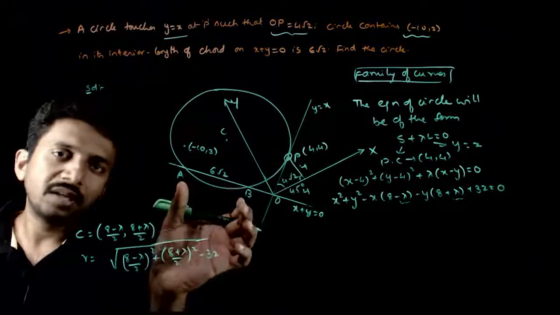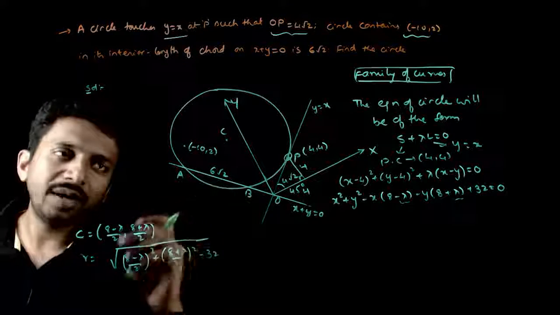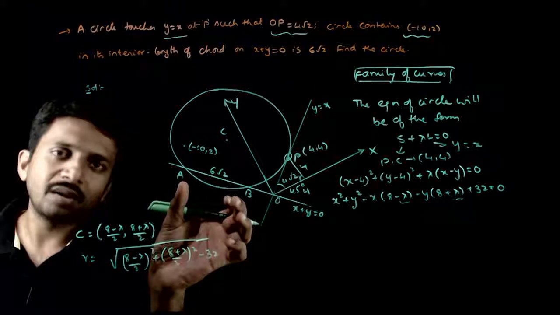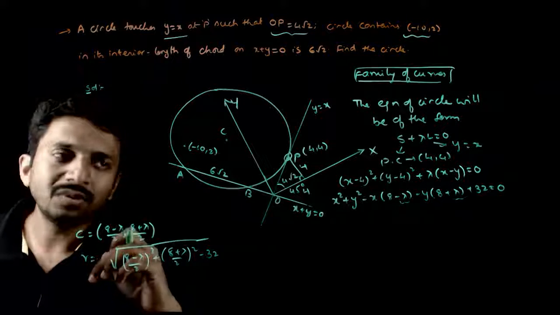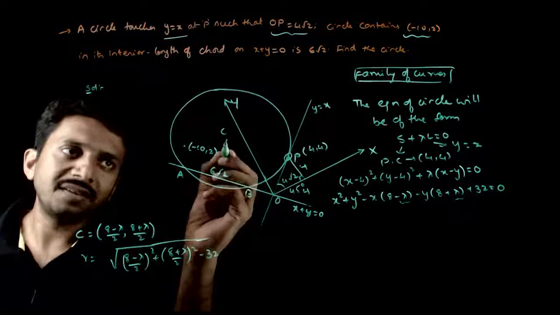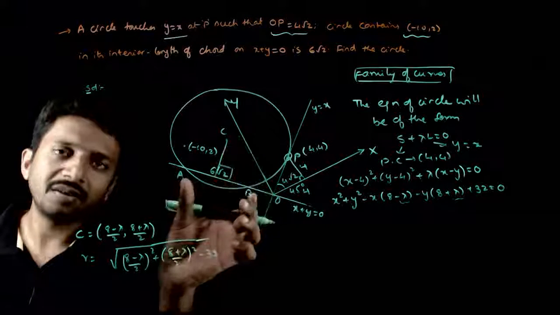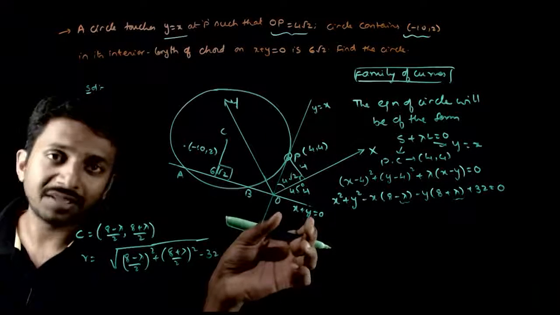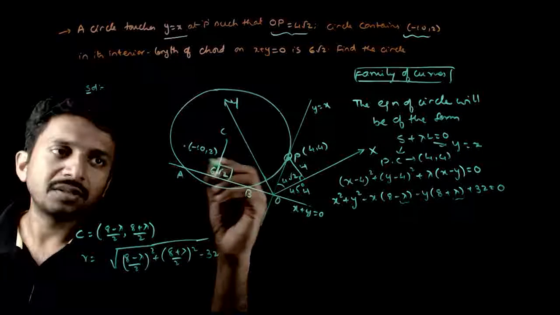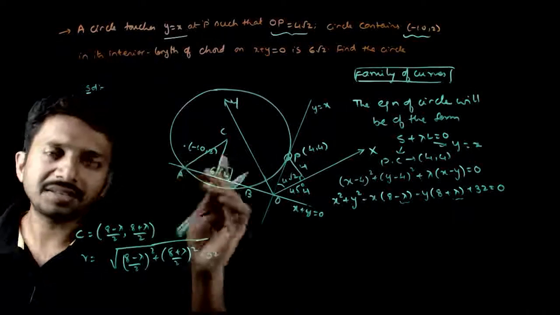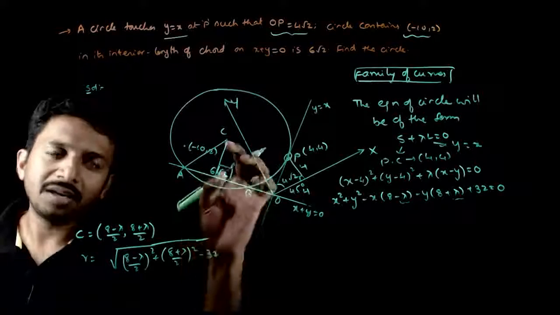Now this chord on the line x plus y equals 0 has length 6 root 2. From the center, if I draw a perpendicular onto this line, it cuts the chord into two parts.